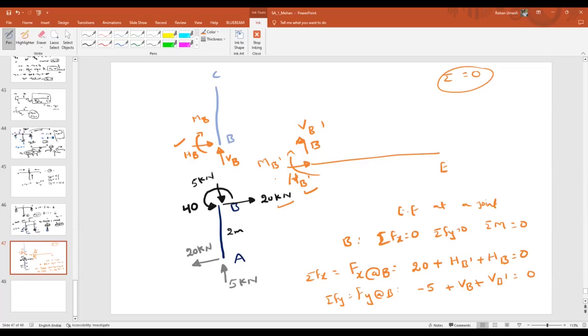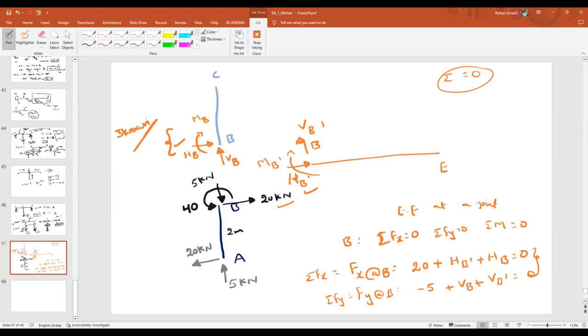Now, imagine that these 3 are known. Just imagine. If these 3 are known, by applying these 3 equations, I can get the unknowns, isn't it? Agree?